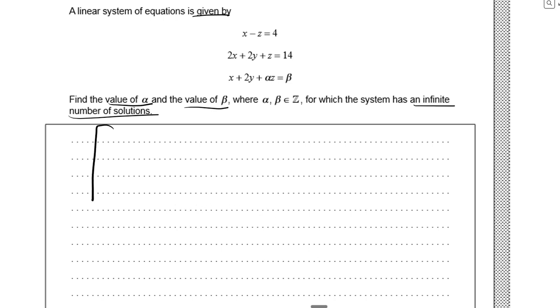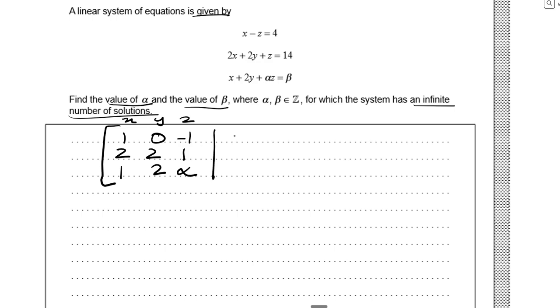Right, so let's write this down, we have x, y, z, right? So x is 1, y is 0, and we have -1. We have 2, 2, 1, and we have 1, 1, 2, alpha, and this is 4, 14, and beta.